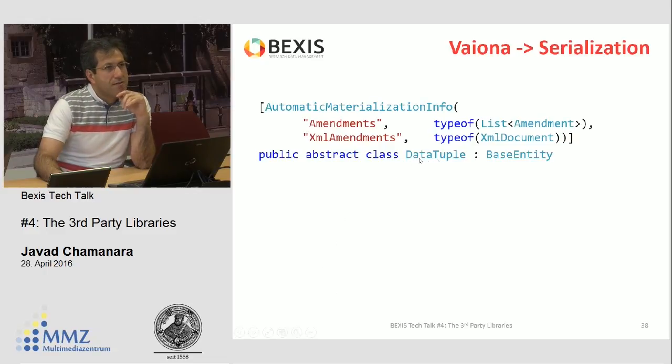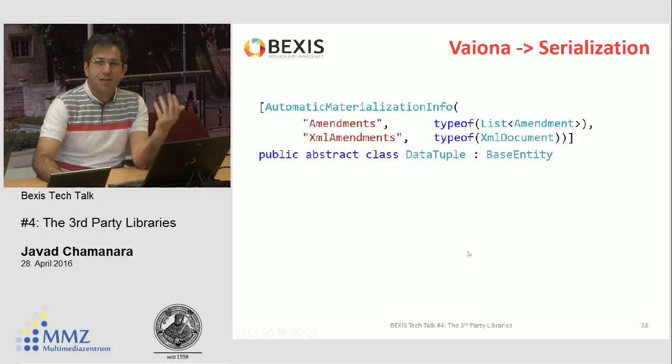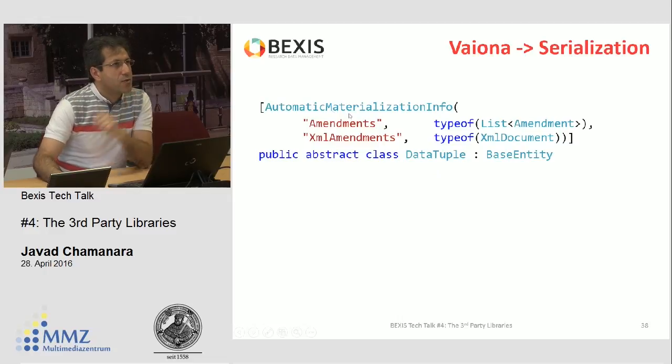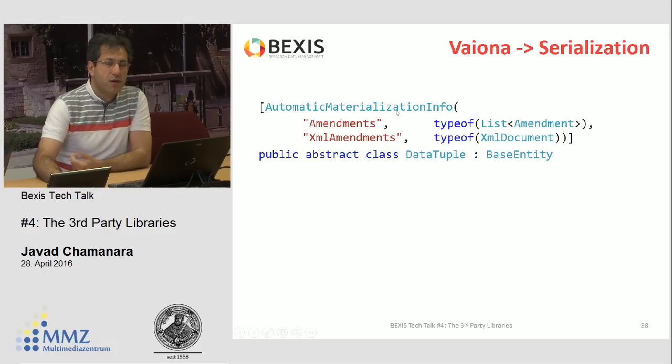So let's say that we have a data tuple that is a base entity, which means that there are materialize and dematerialize functions inside, and the data tuple has a dynamic structure. In this case, we say with this tag, automatic materialization info, so it's providing information for automatic materialization, and the information is that there is an amendments attribute in this class that is of type list of amendment class.